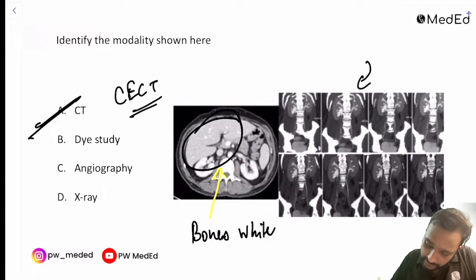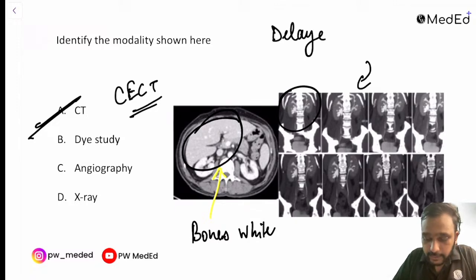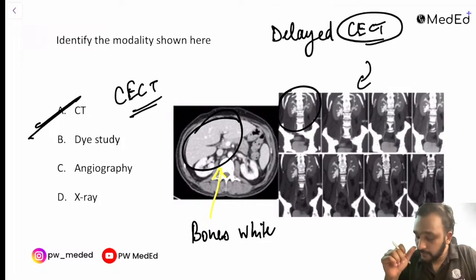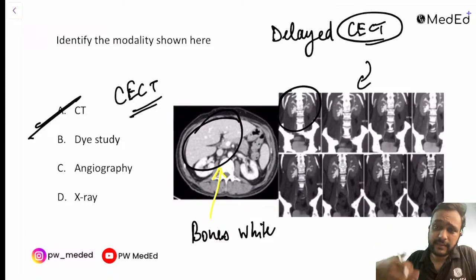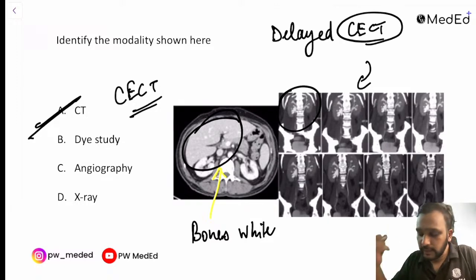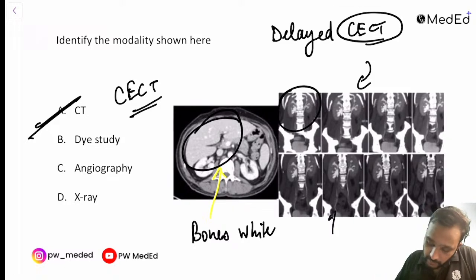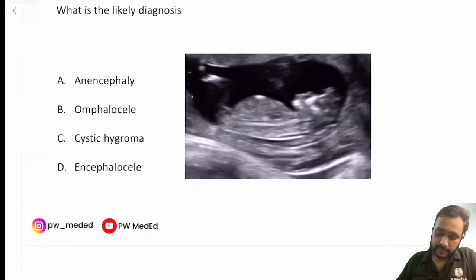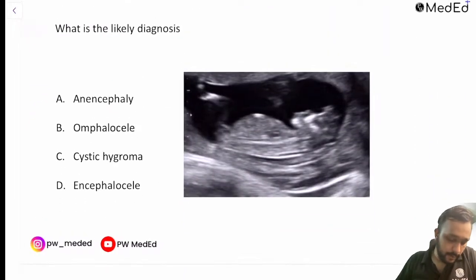So what is happening in these images? In these images we can also see these are your delayed scans, delayed contrast enhanced CT images, in which we can see that there is excretion of the iodinated contrast through the kidneys, right?